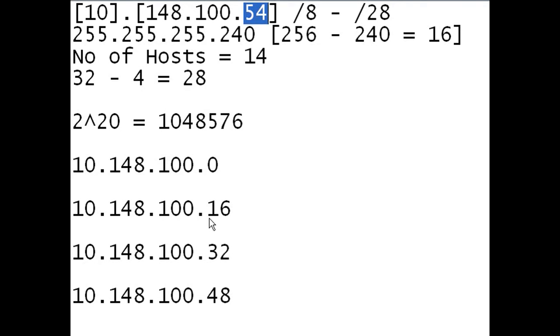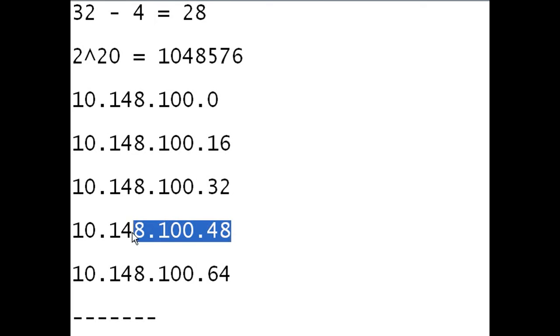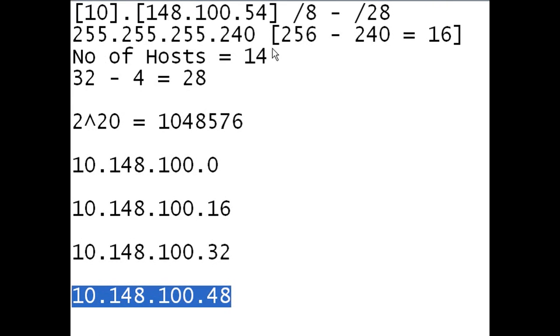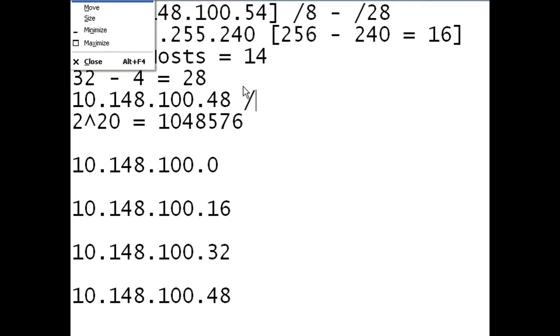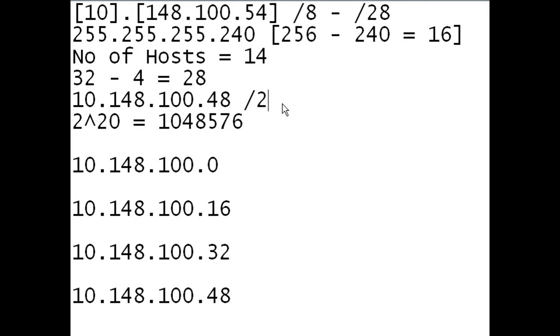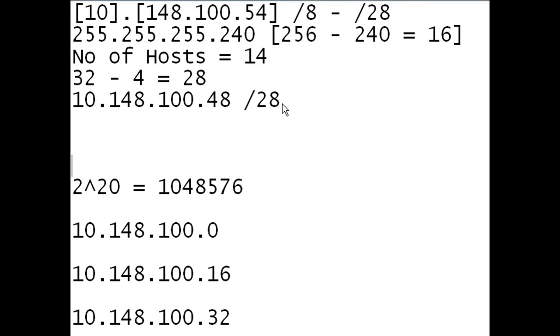The next is 64, so 63 will be the broadcast address of this particular subnetwork which this IP belongs to.